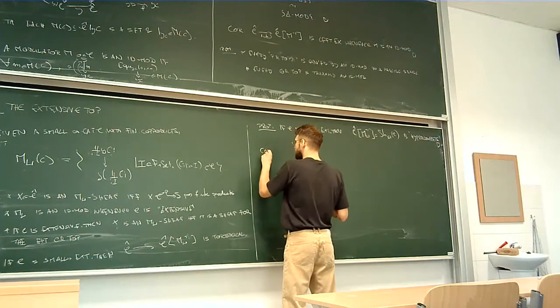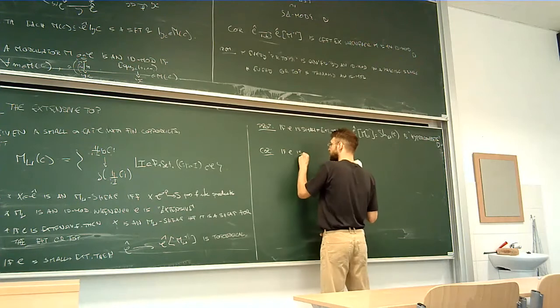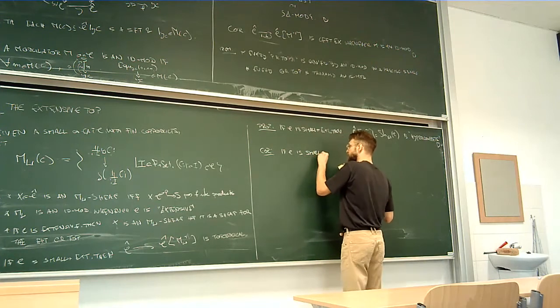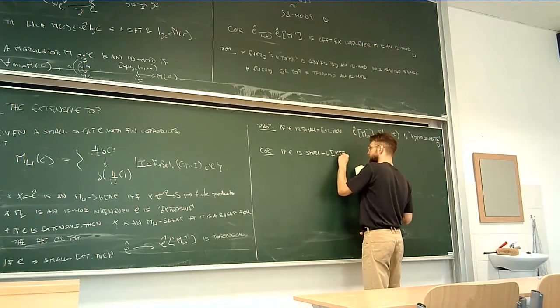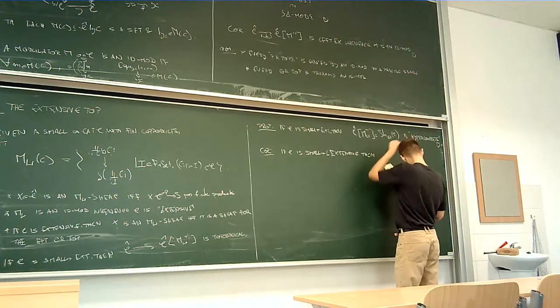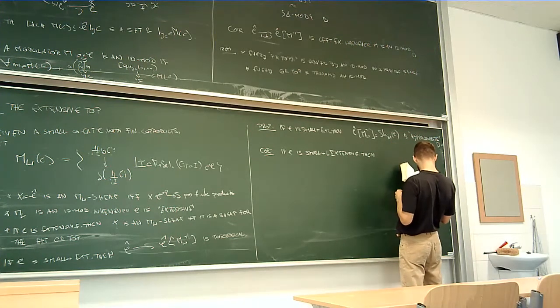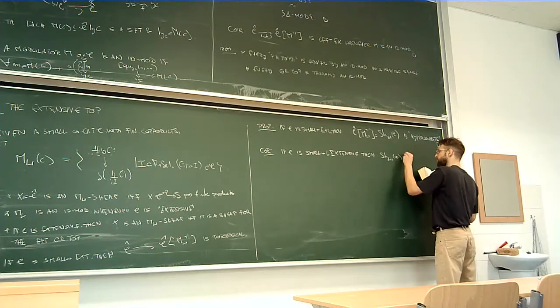A corollary is that if C is small and extensive on the left side, then this has enough points.